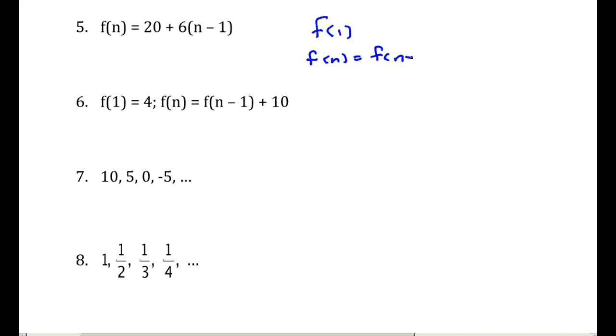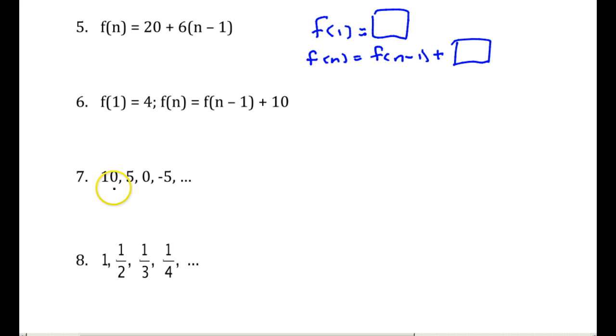Figure out what f of 1 equals if you have this explicit, and what the recursive would be. Same thing on number 6. Here's the recursive. Go ahead and figure out what the explicit would be.